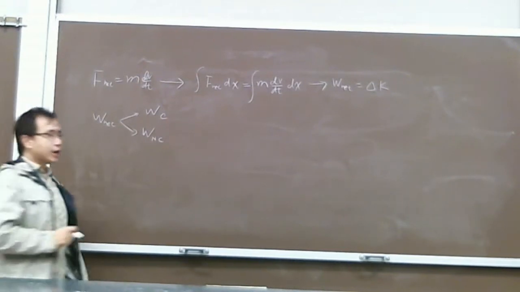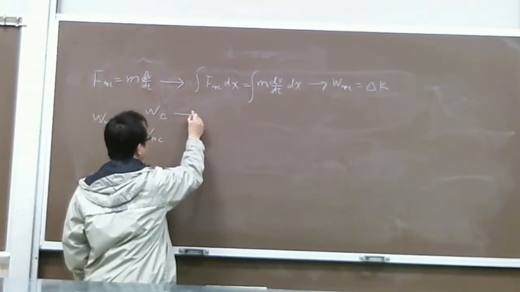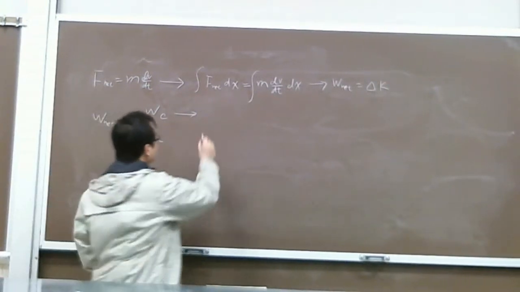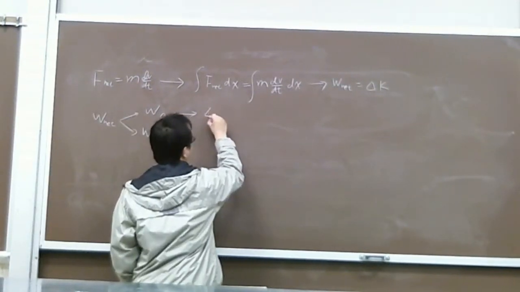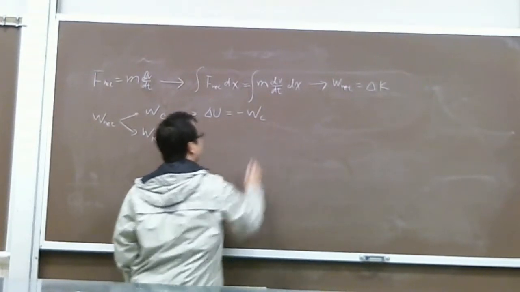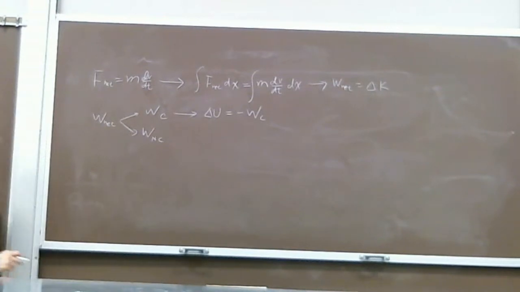From the conservative force, we can define the potential energy change, delta U equals negative W_C. And we cannot do that for non-conservative force.